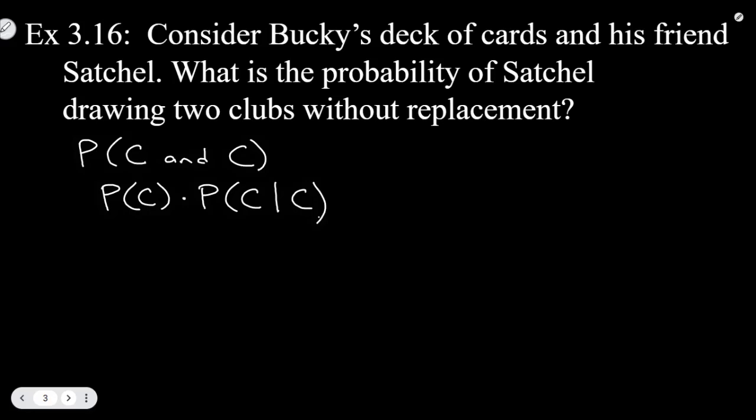Again, the probability of drawing a club is 1 out of 4 because 1/4 of the cards are clubs. But the chances of getting a club the second time, given that you already got a club the first time, without replacement, is 12 clubs left out of the 51 cards.